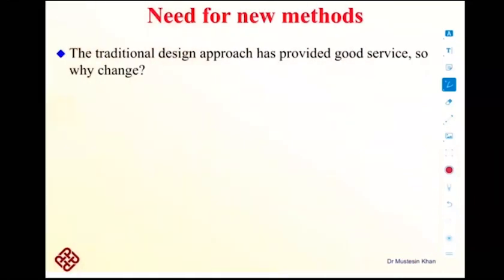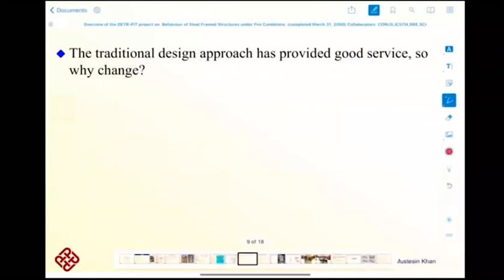So as you know, there is a very standard approach which is available, the standard fire test. So why do we need to change this testing approach to design our structures against the threat of fire?